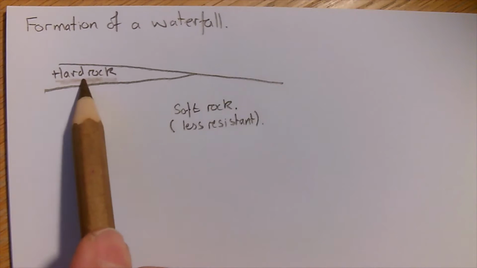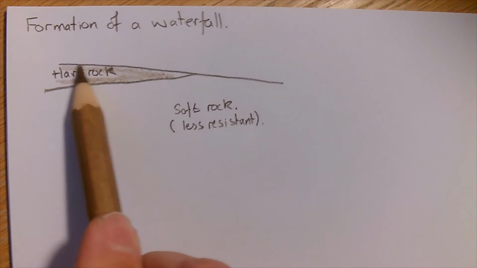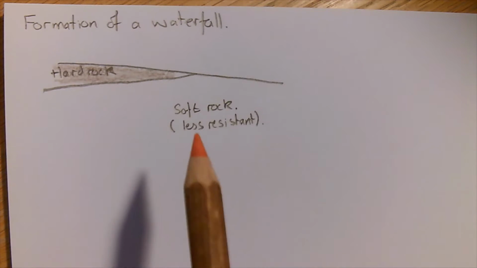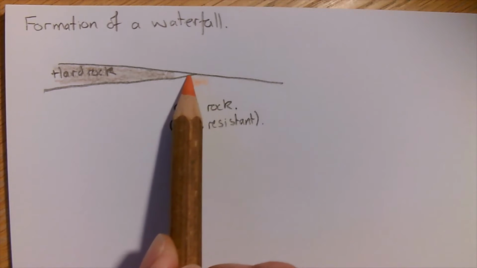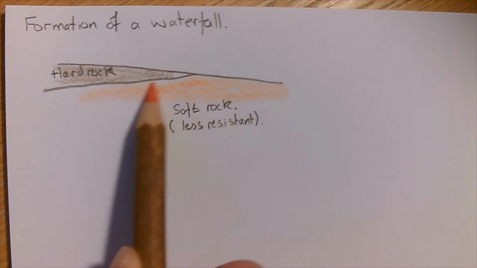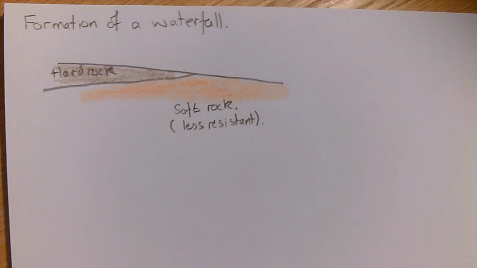So whilst I shade these in some beautiful colours, why don't you answer a question for me, which is, what kind of rock sits on top of the softer, less resistant rock?